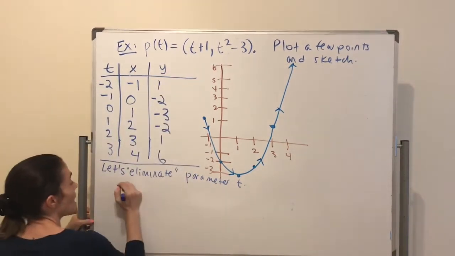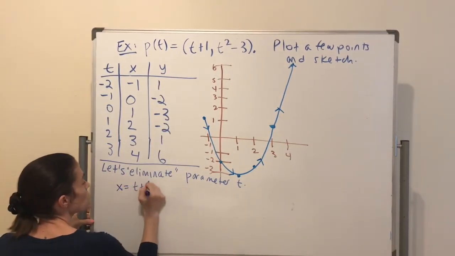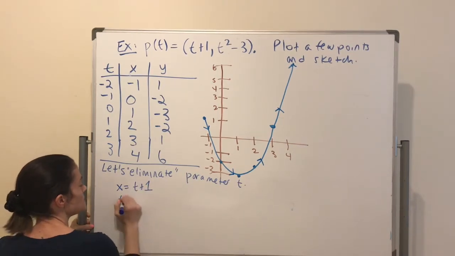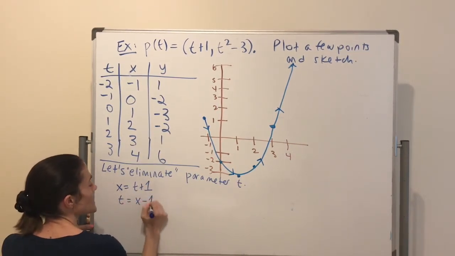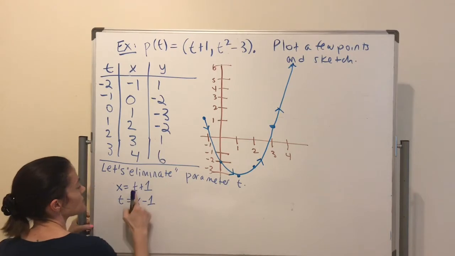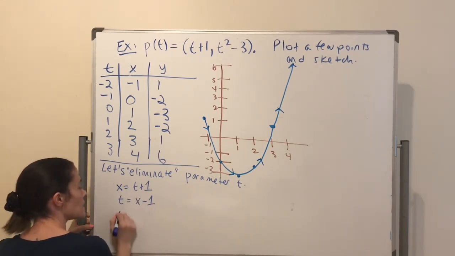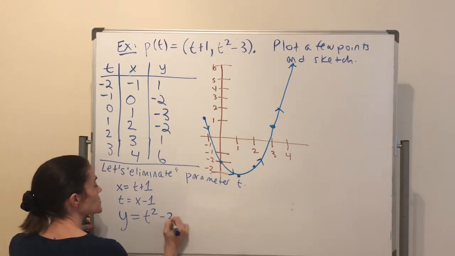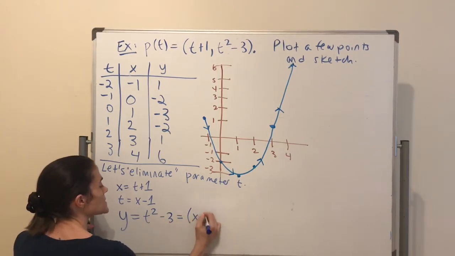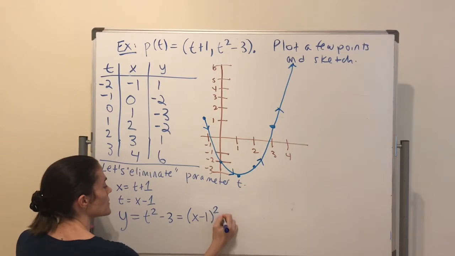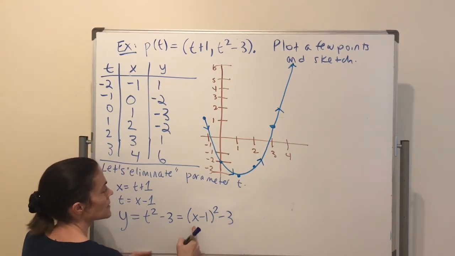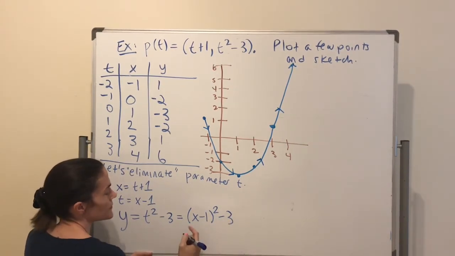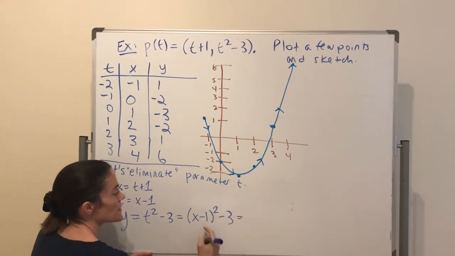Okay, how would we do this? Well, we know x is t plus 1, and this means that t is x minus 1. Okay, just solving for t here. And then if y is t squared minus 3, this would be x minus 1 squared minus 3. And here you see, I could even multiply all this out.